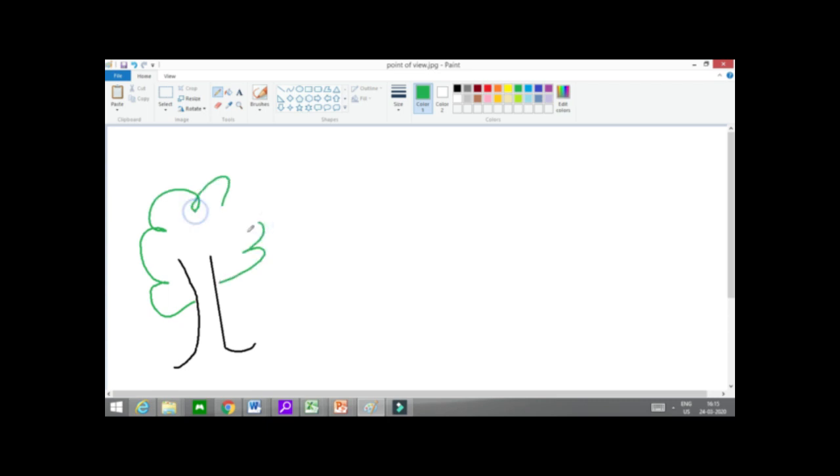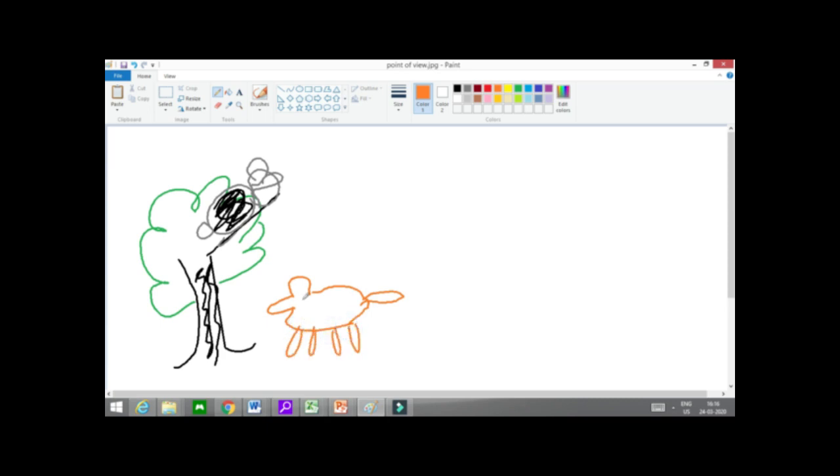Now this animal that is living on the branch of this stem has fur on its body that is of the same color as the color of the stem, due to which when any other animal comes near this tree, it is not able to identify this animal that is lying on the top.